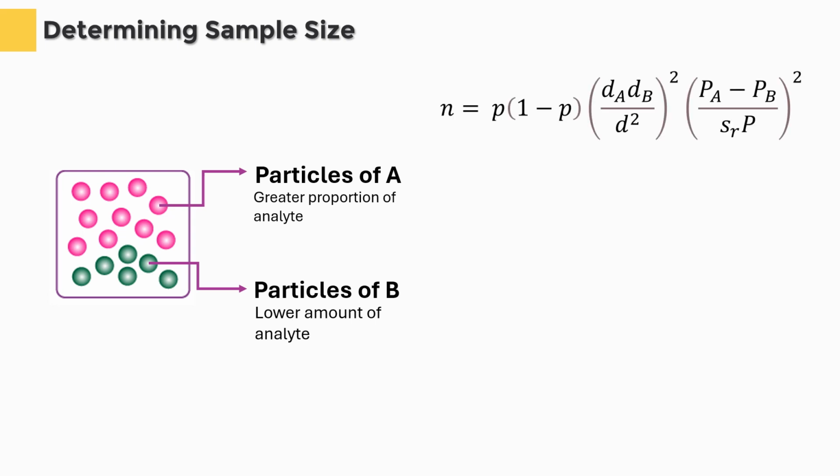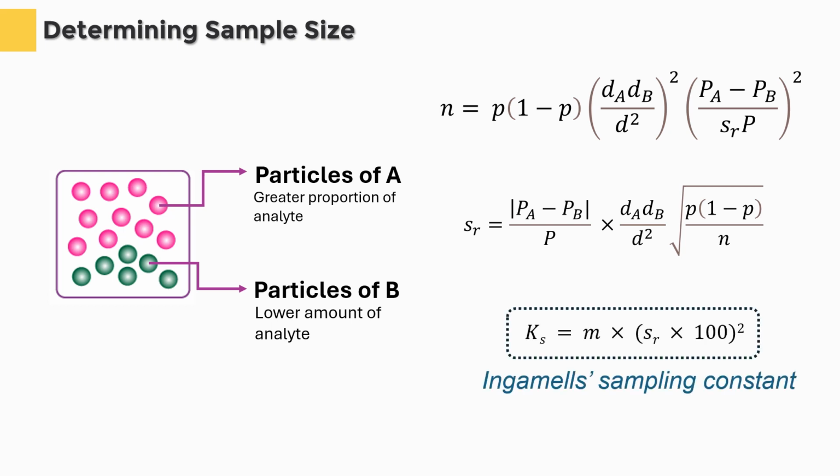We can further rearrange this equation to calculate the relative standard deviation of sampling. Assuming that the sample mass is proportional to the number of particles and the other quantities are constant, the product of m and the sampling relative standard deviation should be a constant.